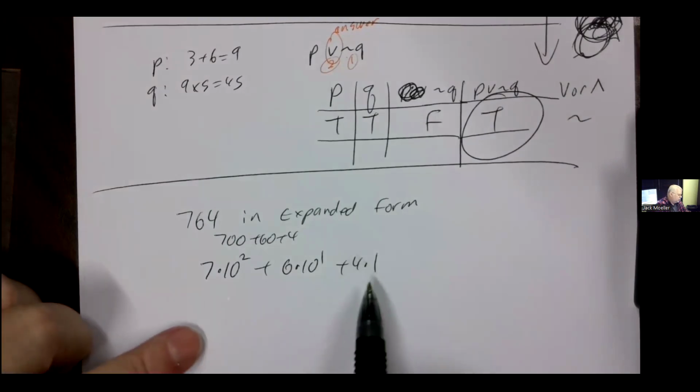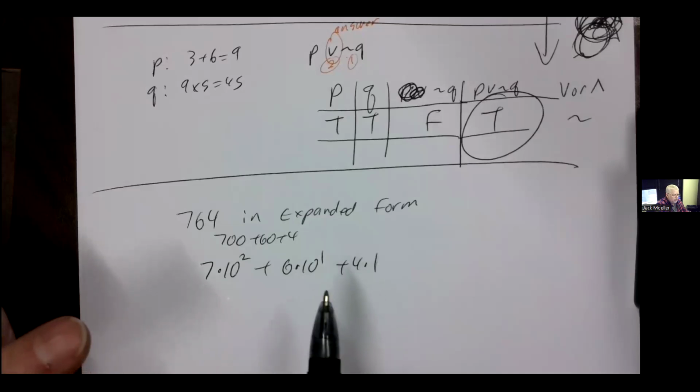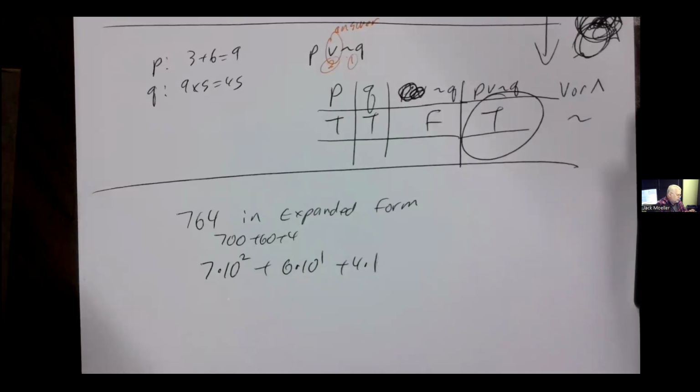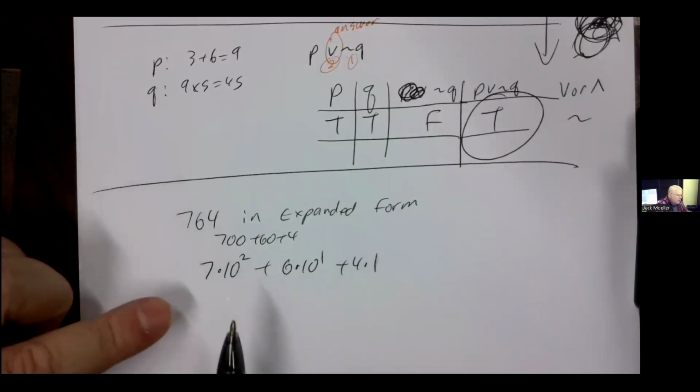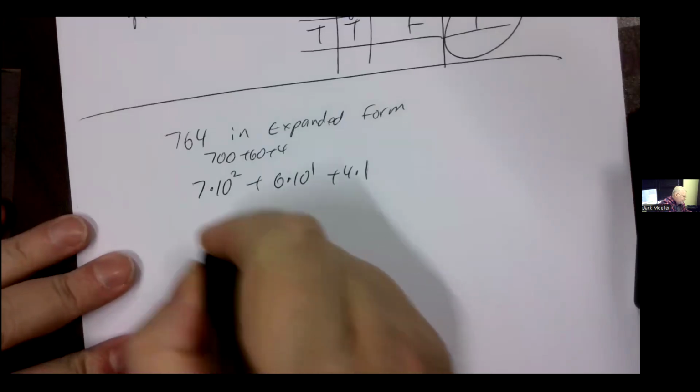If you've done this in the homework, you should be aware of that. And you should also be aware that you shouldn't put X's for the multiplication symbols because MathBot will count that wrong. Okay, so that's basic expanded form. Know how to do expanded form. The only difference between this and other number bases, if we were in base 8, let me do the same problem in base 8.